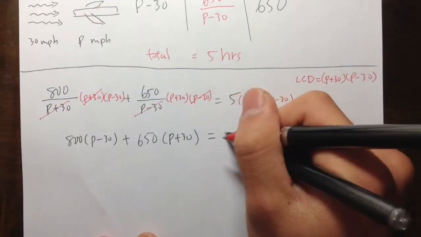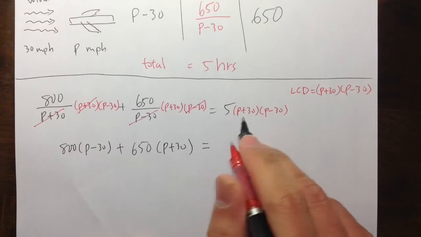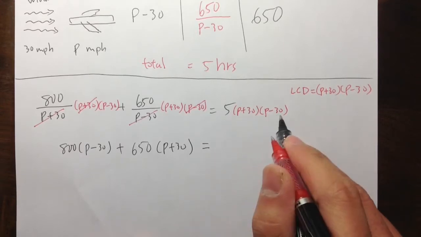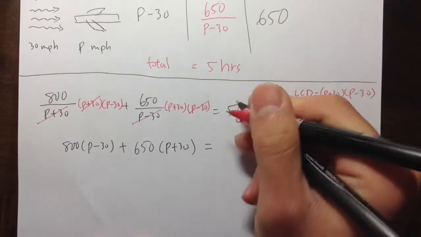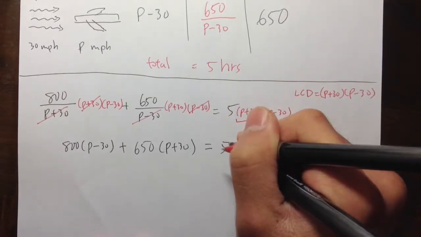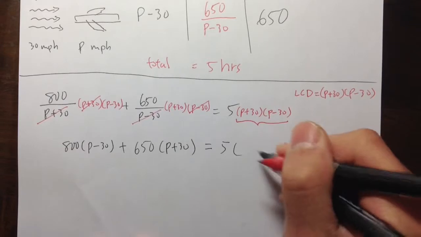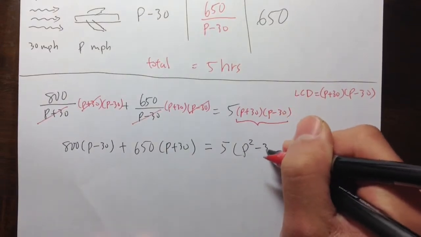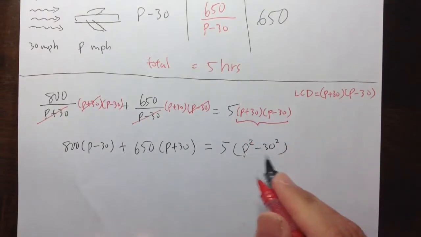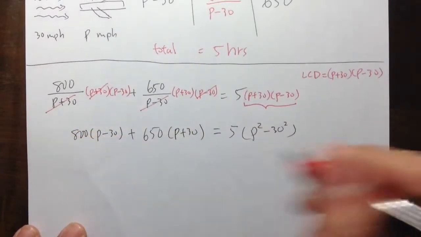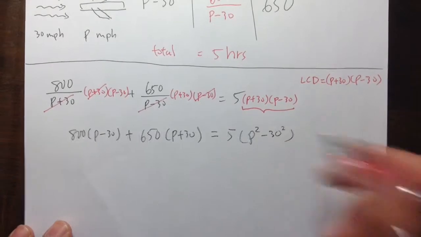And that's equal to 5 times p plus 30 times p minus 30. I think it's easier if I multiply these two first. I get p squared minus 30 squared, because that's a difference of two squares. You can also write this as p squared minus 900.